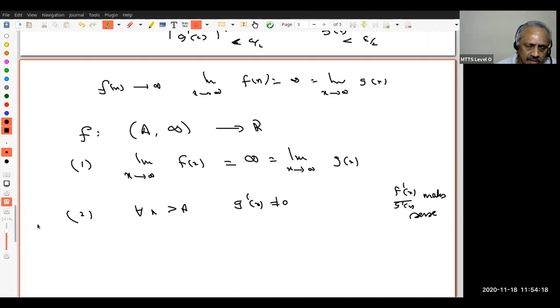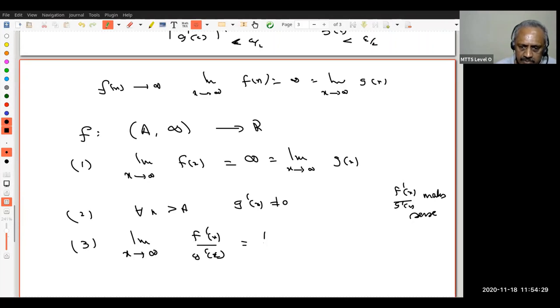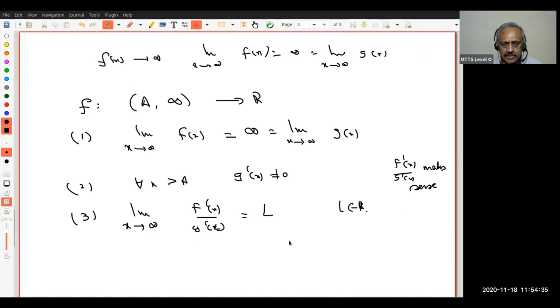Okay. The third thing, our hypothesis: limit as x tends to infinity of f'(x) by g'(x) equal to L. Of course, this is a real number. You can modify the proof for L equal to infinity also. But anyway, is that clear? Then what do I want to claim?